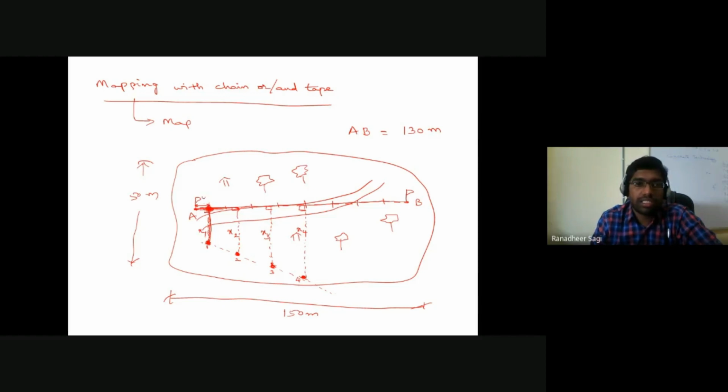Let's say this distance is y1. So at a distance of y1 along the line A to B, when I am traveling, I have identified the position of my first electrical pole at an offset distance of x1. This distance y1 is what we call chainage.